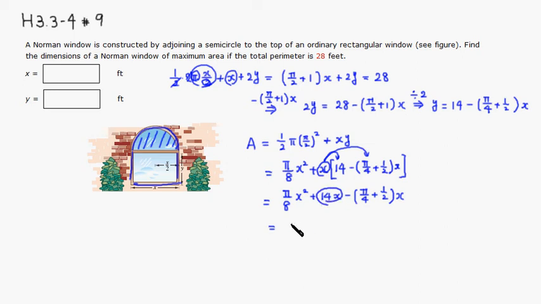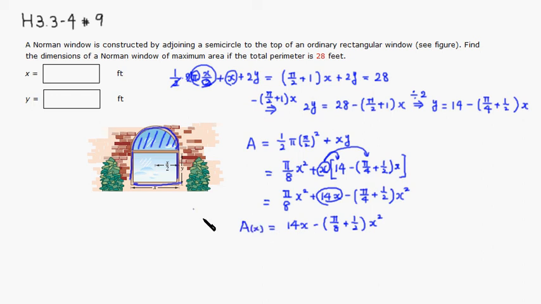I'm going to write the 14x first. Oops, sorry, this one is x squared. Combining that, negative pi over 4 and the plus pi over 8 is a negative pi over 8, and we still have 1/2 x squared. So this is the area function. It's written in terms of x, so you can write it as A of x.